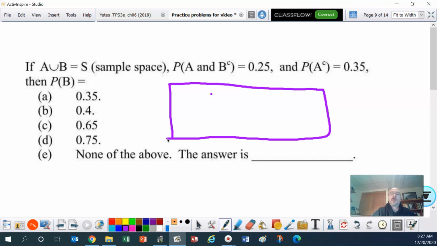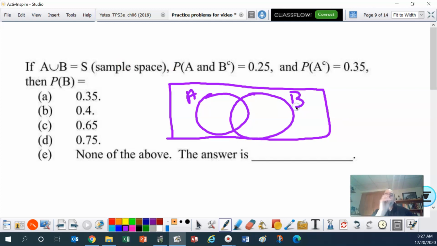Okay, well, I'm going to make my Venn diagram like this. Let's see, this is A and this is B. I got to think through this. It says A and B complement is 0.25. Oh, not B. Okay, that tells me that this part of the circle is 0.25.